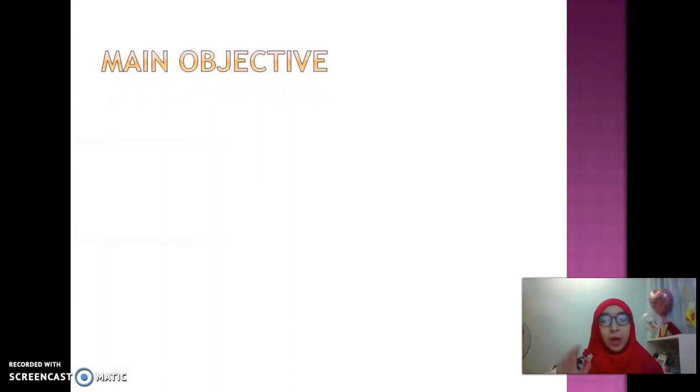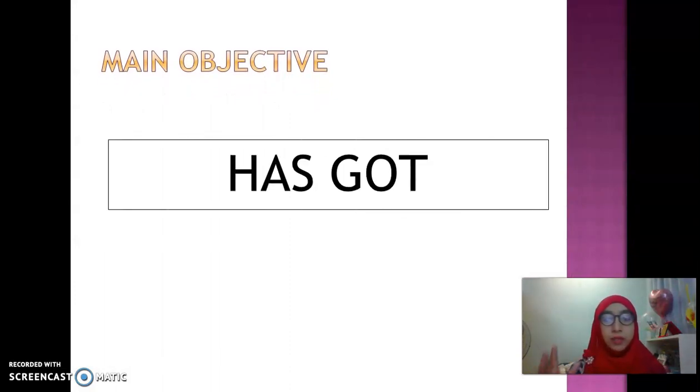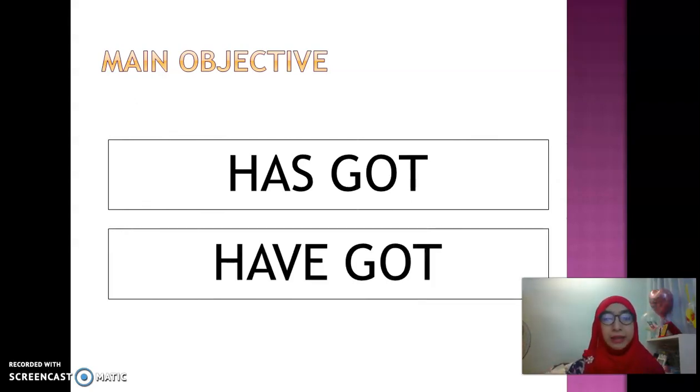Alright, so our main objective today is to learn on how to use has got and have got. They look almost similar, but different. Similar but different. Sama tapi tak serupa.